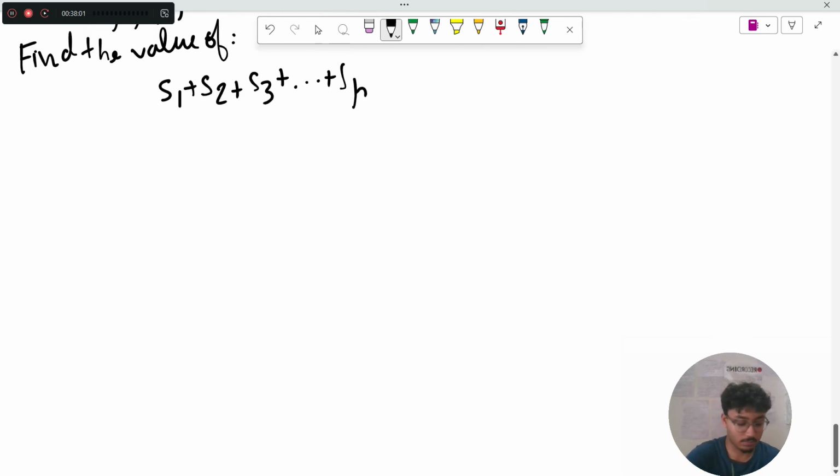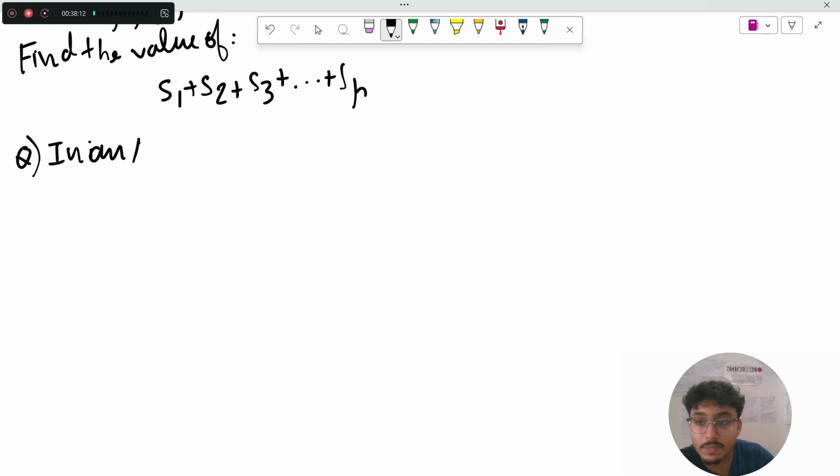Nice question. It has already come in the ISI MCQ once or twice probably. It's a repeated question. In an AP, the summation of P terms is equal to the summation of Q terms.